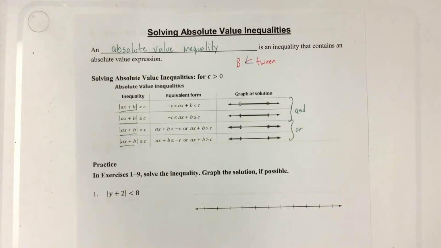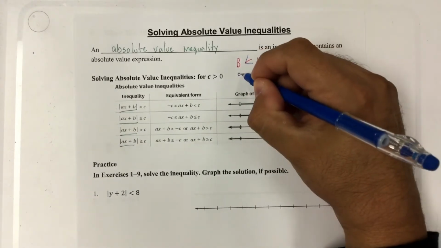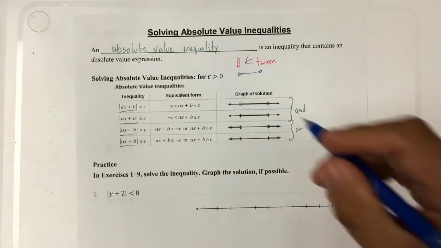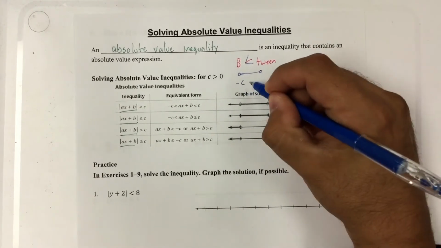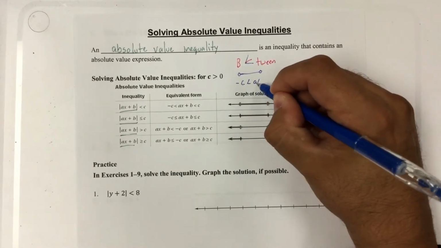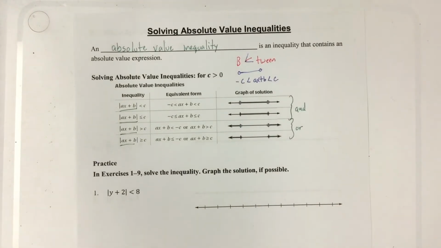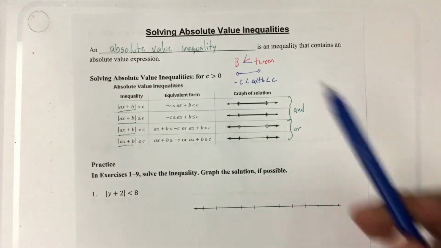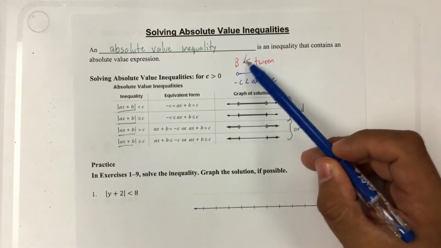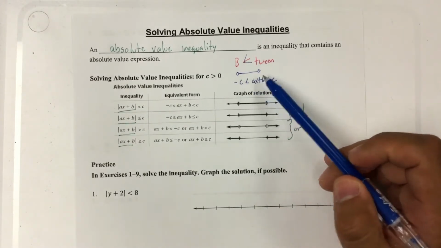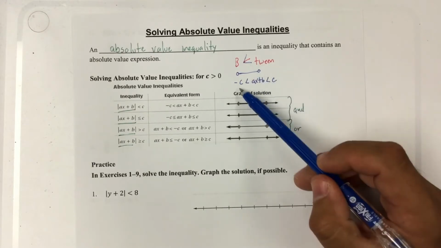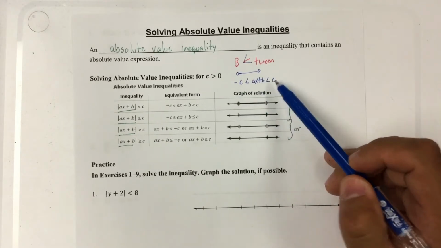And they knew that a between statement was from one circle to another. And then they wrote their expression as negative C is less than the absolute value expression, which is less than positive C. Okay. So once again, they saw the less than sign. They made an E and they made the word between, which let them know that it was between 2 numbers, greater than negative C, but less than positive C.